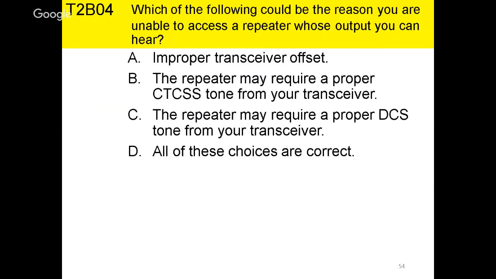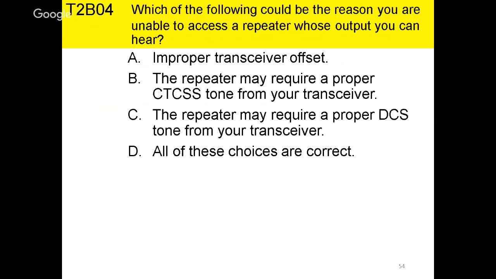Which of the following could be the reason you are unable to access a repeater whose output you can hear? You can hear the repeater, but for some reason you can't access it. So you do a little troubleshooting and try to figure out what in the world is going on. You check to make sure you have the right transceiver offset, that you're trying to access the 146.82 repeater, but for some reason your radio is transmitting on some other frequency.